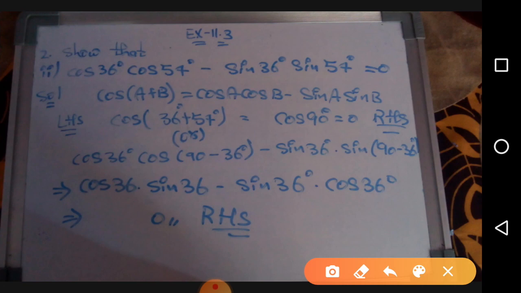Just try to solve, and this is how you have to solve this. So cos 54, we can write as cos of 90 minus 36, and sin 54 we can write as sin of 90 minus 36. So cos 36 sin 36 minus sin 36 cos 36 is 0. Thus you will get RHS.